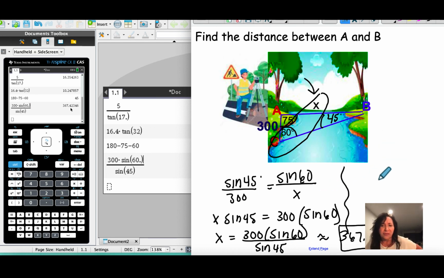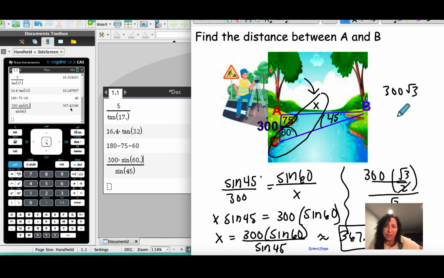So going through this, if I were to do this just in exact values, I would have 300 times sine of 60, which is root 3 over 2, divided by sine of 45, which is root 2 over 2. So this is this over this. The 2's are actually going to cancel. And I end up getting 300 root 3 over root 2. Well, of course, I'm going to get rid of this root on the denominator by multiplying by root 2 over root 2.